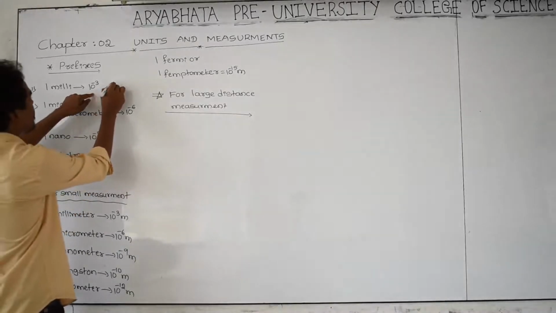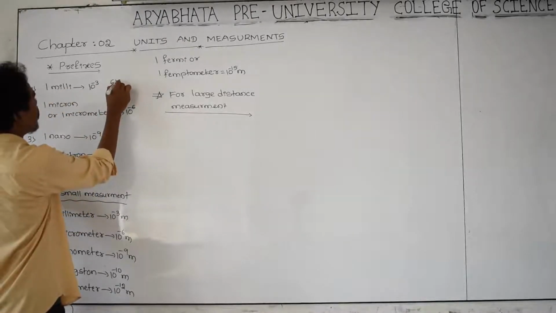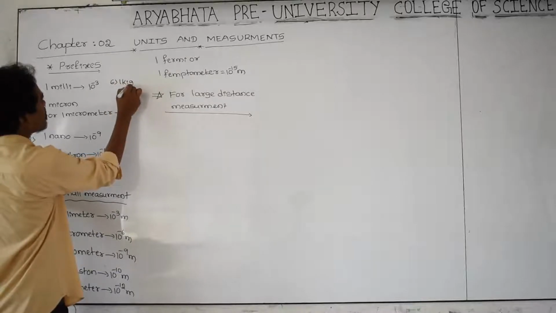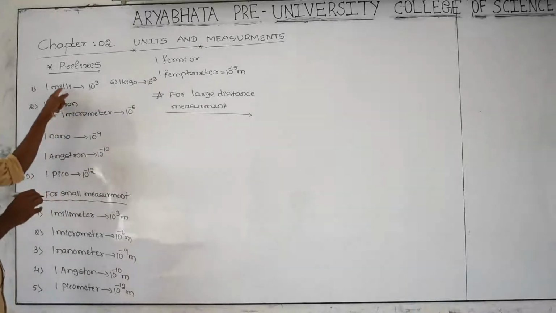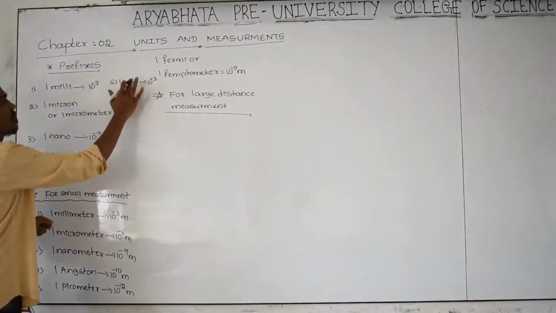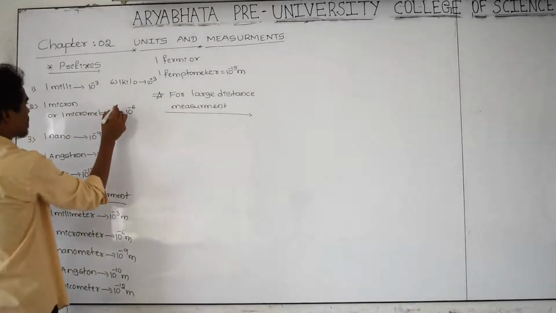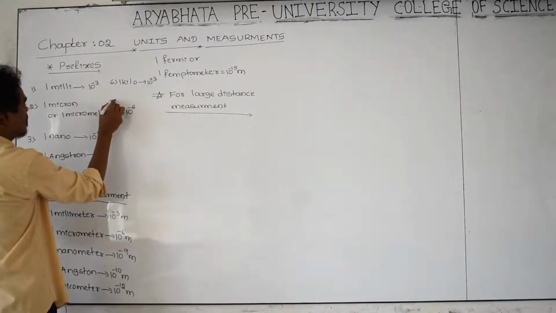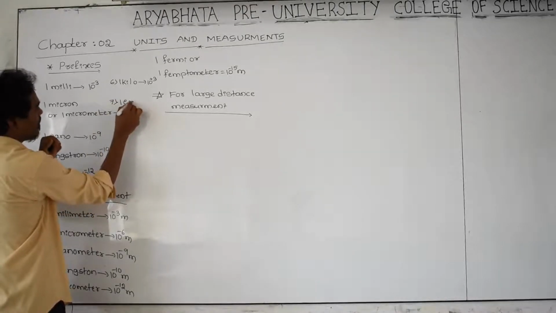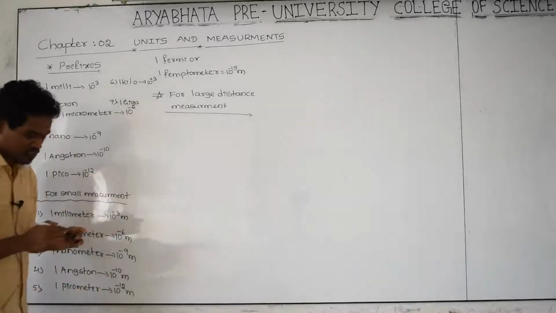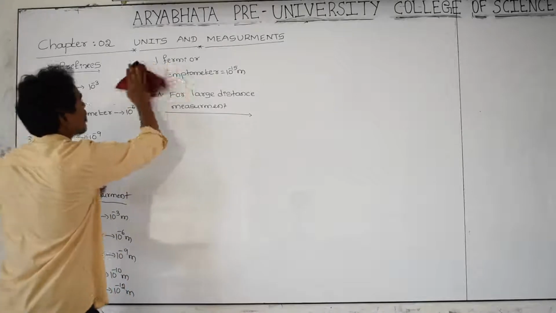Plus 3 means kilo, while minus 3 means milli. This is the prefix kilo. And next we can take the seventh one, 1 giga.